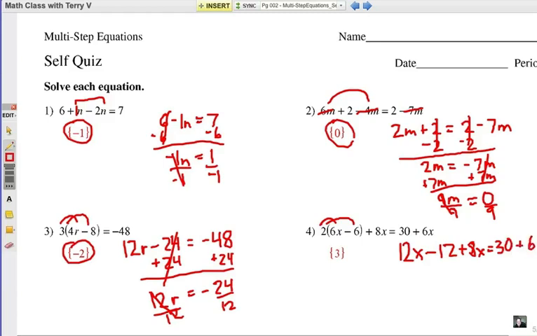All right, now we want to combine like terms, which would be these two right here. So that gives us 20x minus 12 equals 30 plus 6x. Hope you can read my writing there.